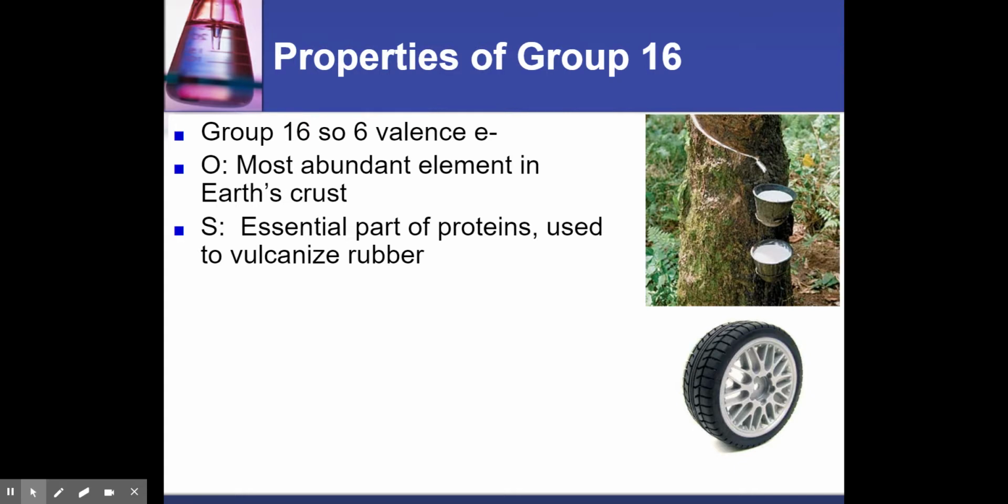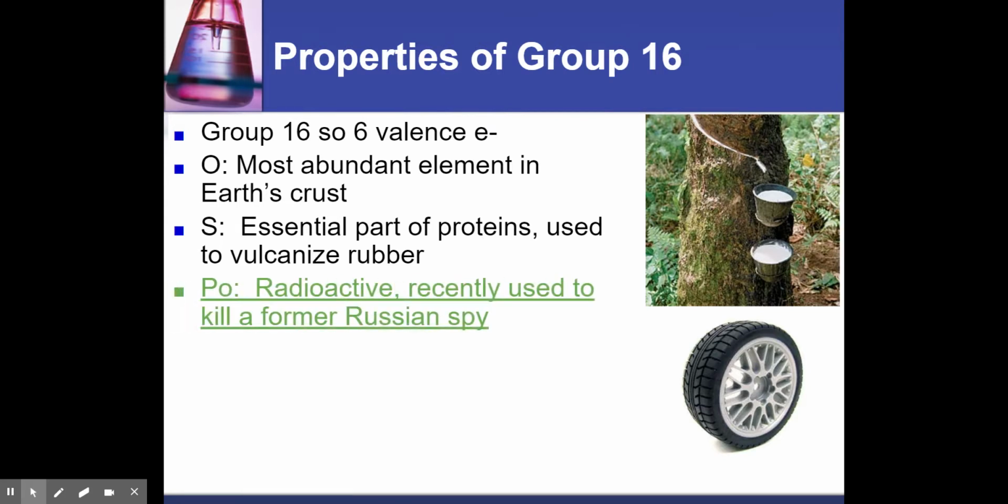Normally rubber is the sap, and you have to put it through a chemical process to turn it into something that becomes hardened enough to be a tire that you can use on your car. That process is called vulcanization. And polonium then is at the bottom of this group, and polonium is a radioactive element, and it was recently used to kill a former Russian spy. Again, you can click on that link there if you want to learn a little bit more about that.